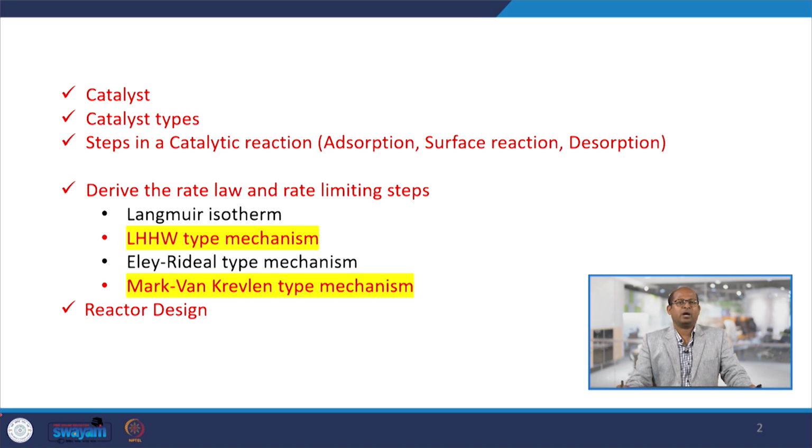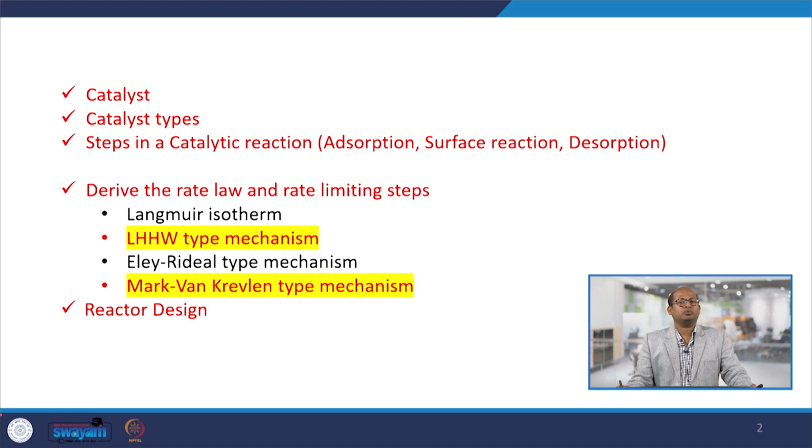If equation 1 is fitted with the experimental result, then it is fine, the initial guess was correct, and we can consider that adsorption is the rate limiting step. If that does not fit, then the initial guess, that adsorption of the reactant is the rate determining step, was not correct.